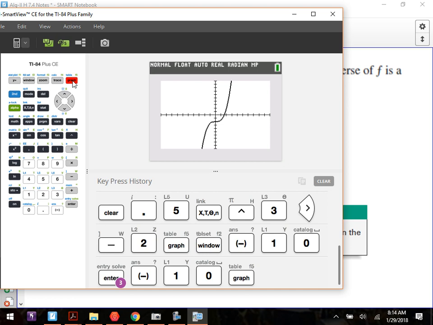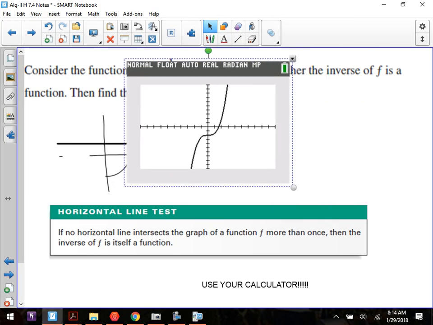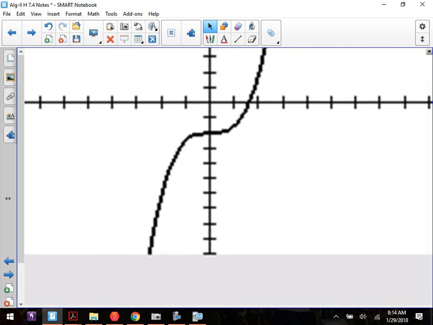We're checking to see if its inverse would be a function. Yes, it will. It looks like it doesn't flatten out. It's curving through and changing direction. So this one would pass that horizontal line test, which means that the inverse of 1/2 x to the third minus 2 would also be a function.